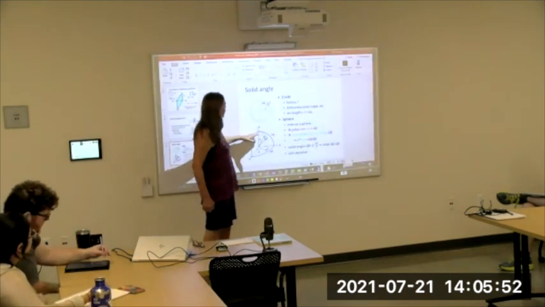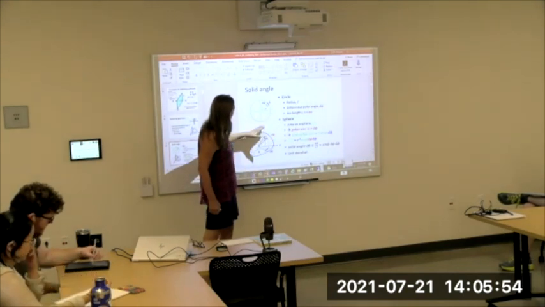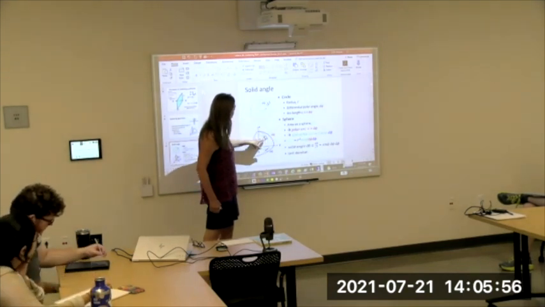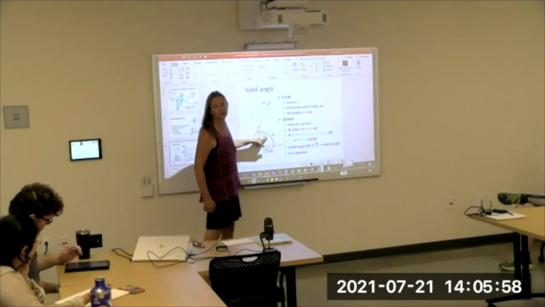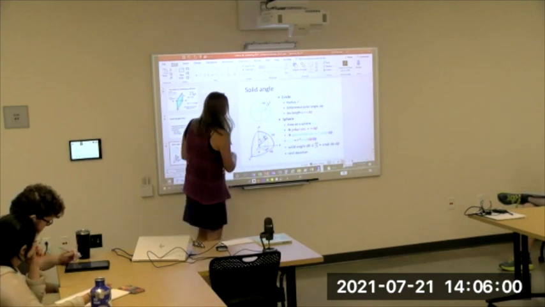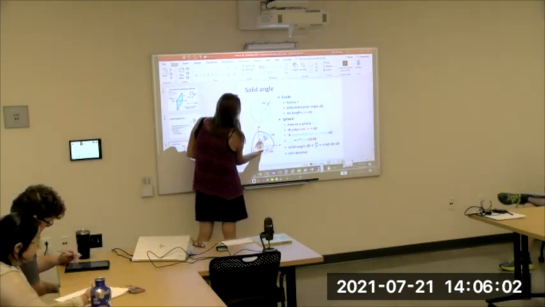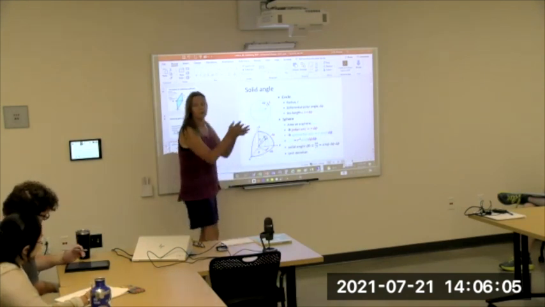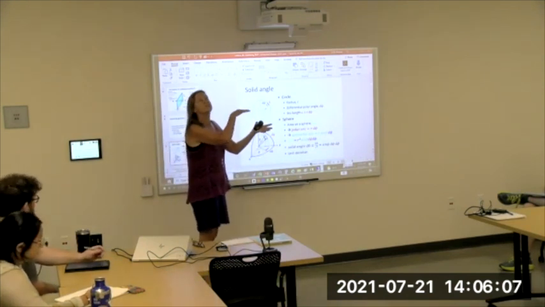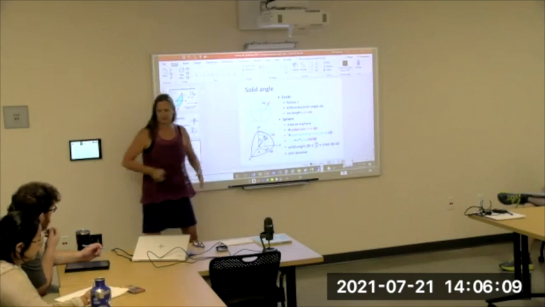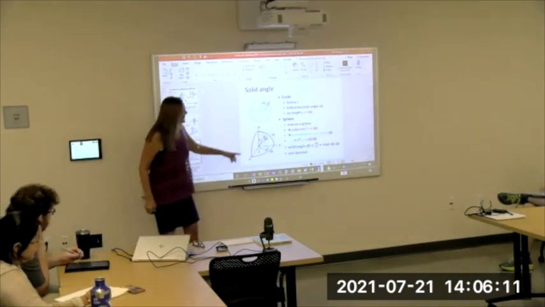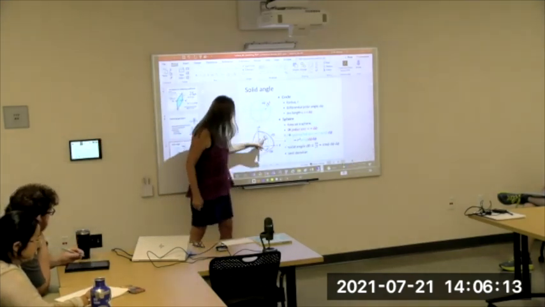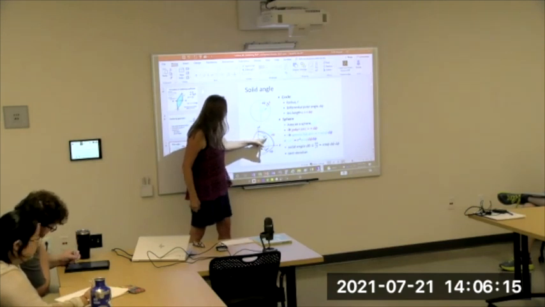So now you can think about our sphere and wanting to take, instead of an arc length, a little piece of surface area of that sphere, because that's going to be the surface through which our scattering is going to intersect that spherical surface. So we have this little differential area here on the sphere.